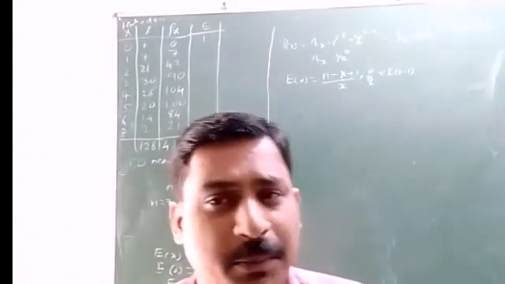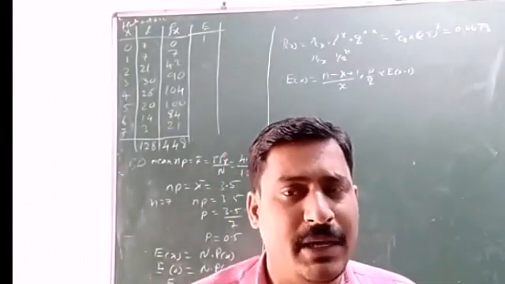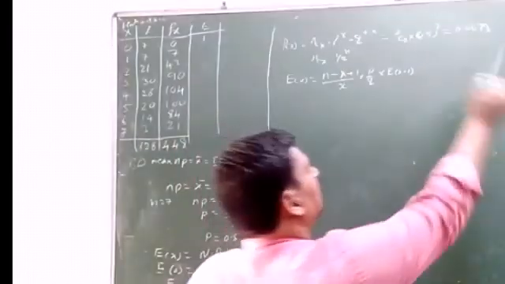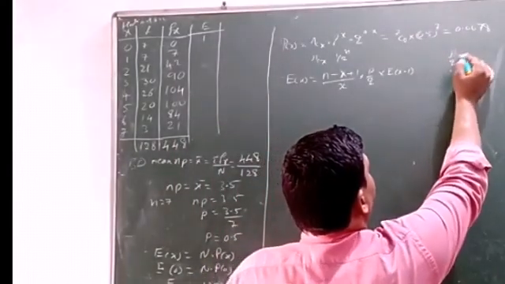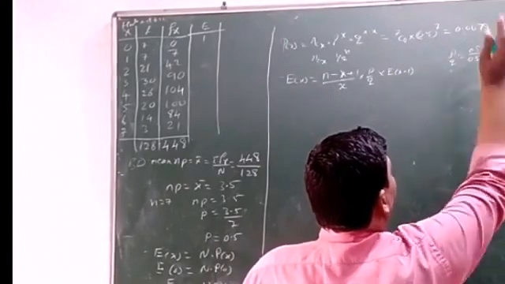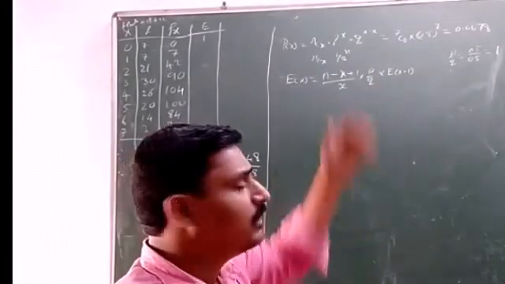Here p divided by q, that is 0.5 divided by 0.5, is 1. That value is fixed. We just need to go on filling the remaining values.